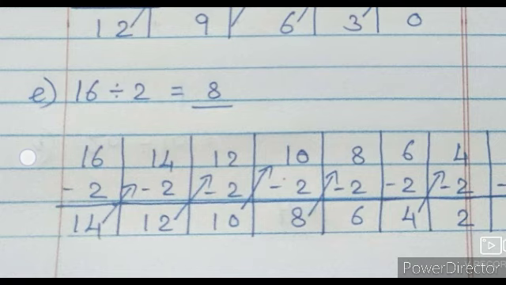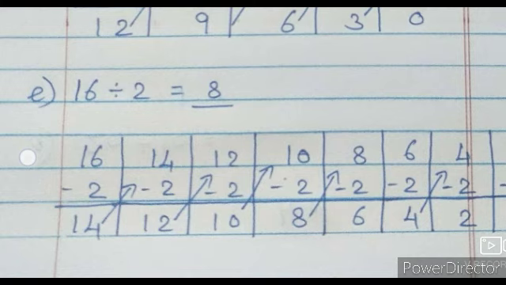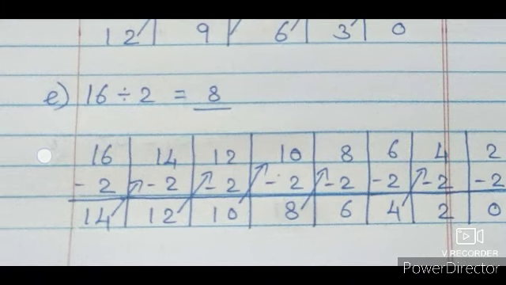Again subtract 2 from 8. 8 in the mind. Take 2 fingers before 8, 7, 6. Now again subtract 2 from 6. 6 in the mind. Take 2 fingers before 6, 5, 4. Again subtract 2 from 4. 4 in the mind. Take 2 fingers before 4, 3, 2.